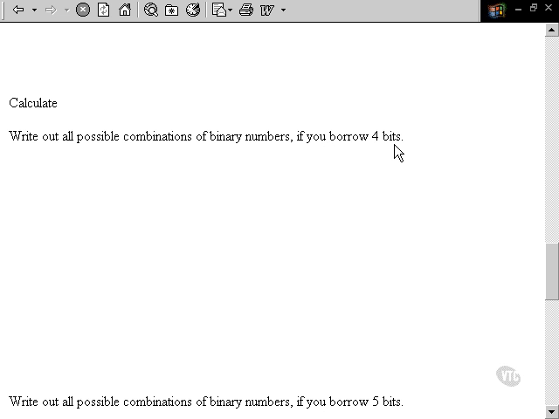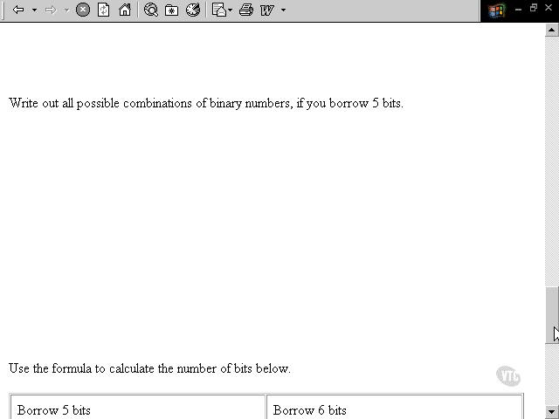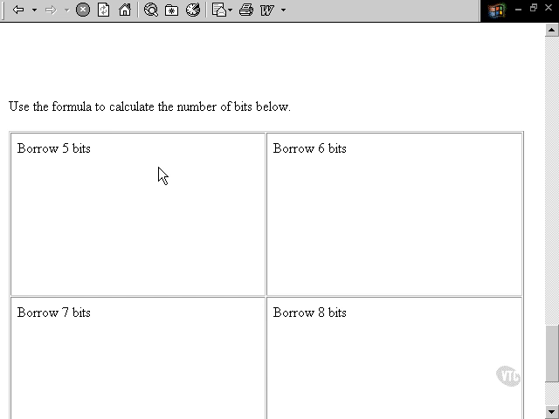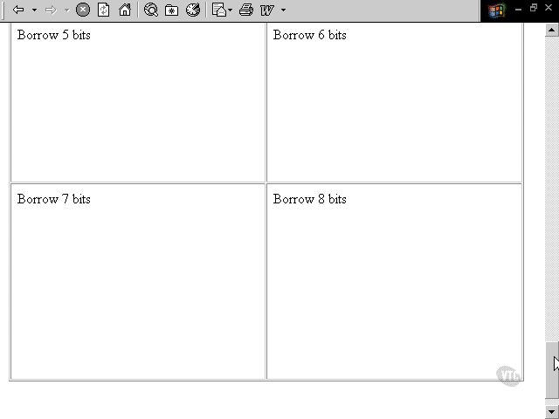First of all, write out all possible combinations of binary numbers if you borrow 4 bits. Remember, you list the first and the last, but write the word lost beside them. Do the same if you borrowed 5 bits. Then after you're done with that, use the formula that I just went through to calculate the number of subnets for each of the following.